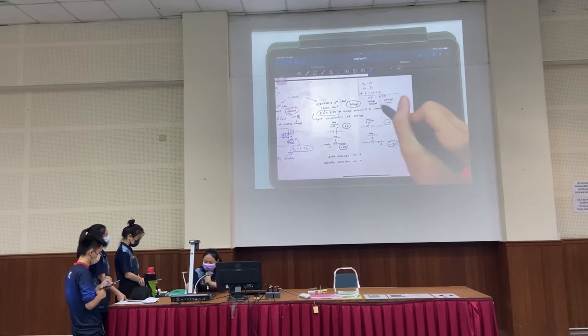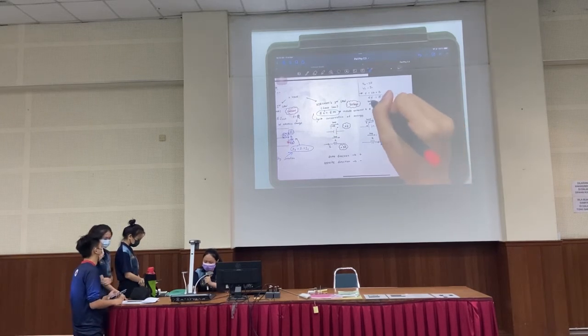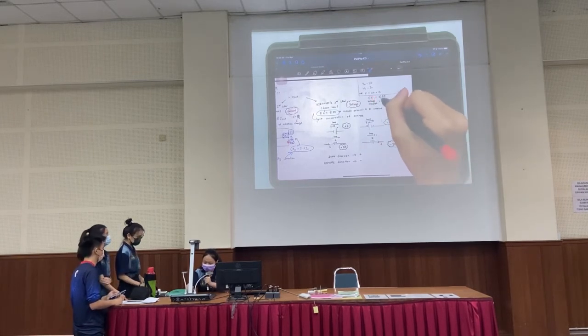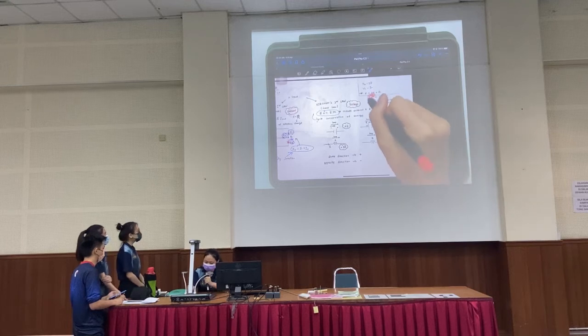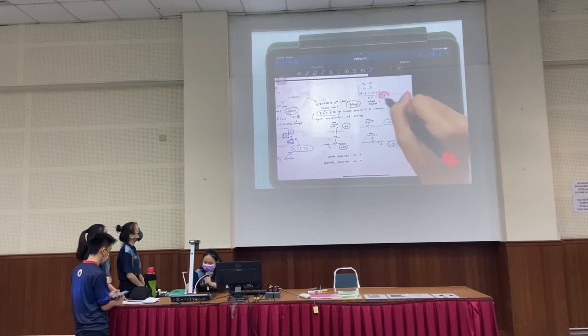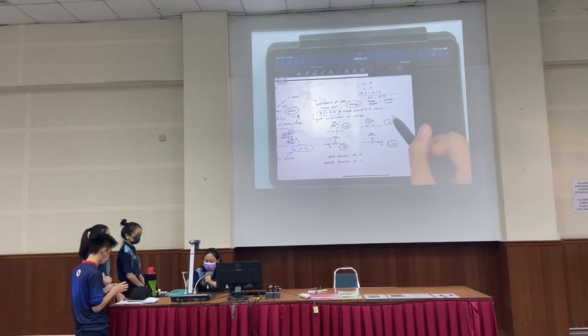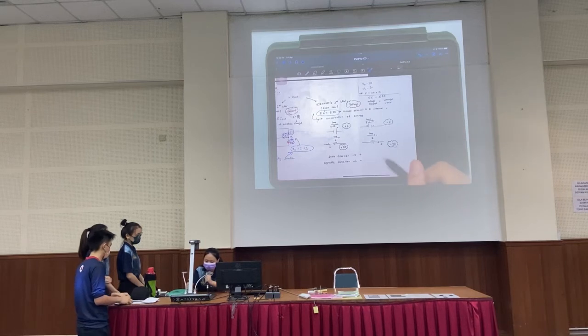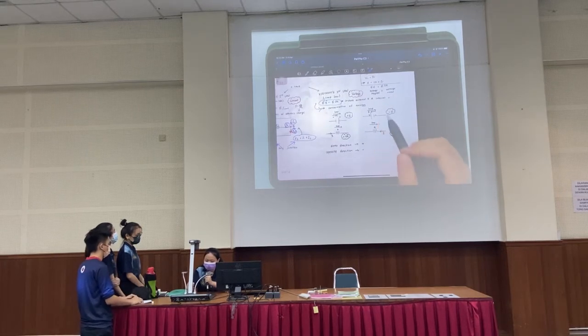The voltage difference between this EMF and this IR is that the EMF is the voltage supplied by the battery, and this IR is the voltage that has been used up by the resistor. So now we proceed to how to determine the direction of EMF and also the sign.